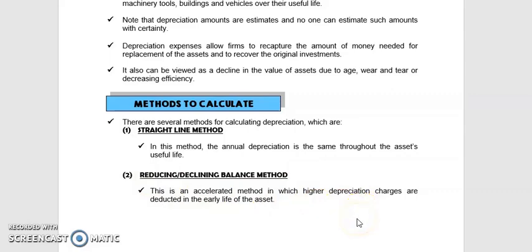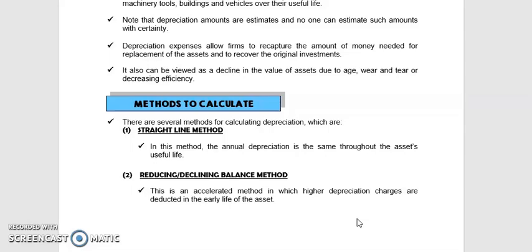What is meant by annual depreciation? For example, if we bought a car for 60,000, so the cost of the car is 60,000. In 1 year, how much does it depreciate?